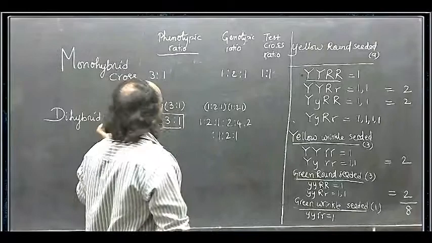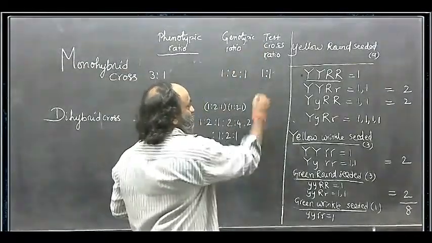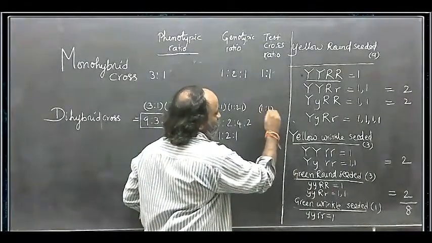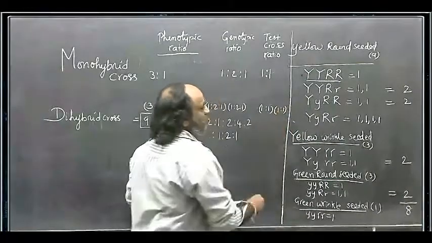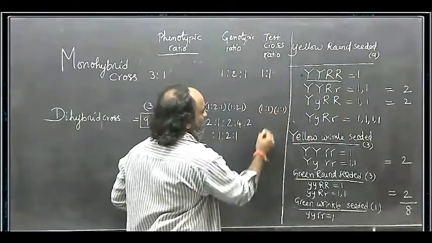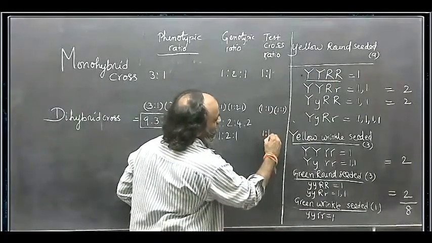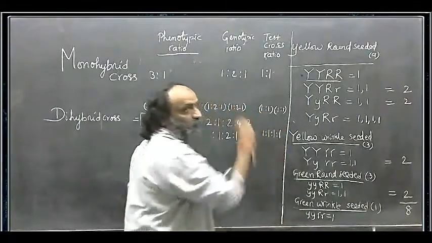Then for dihybrid cross, what is the test cross ratio? You can just use 1:1 into 1:1. So you are going to get the ratio as 1:1:1:1.